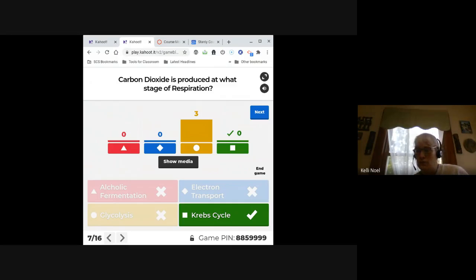So that was the picture, it was showing the circle. So think cycle. What did we choose? Glycolysis. This is going to be after glycolysis, because glycolysis doesn't use oxygen or produce carbon dioxide. It just produces a little bit of ATP.